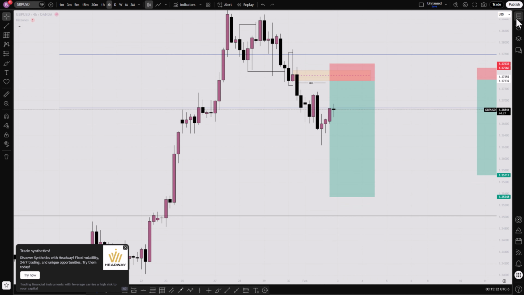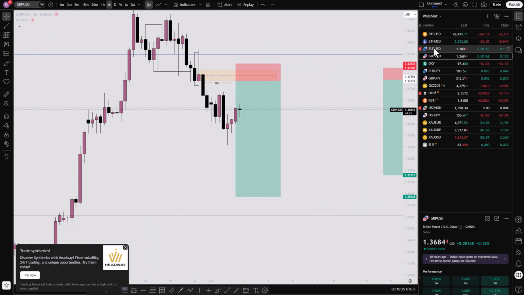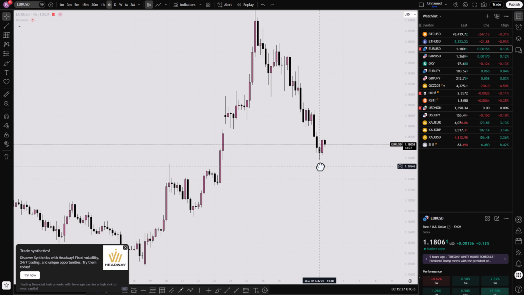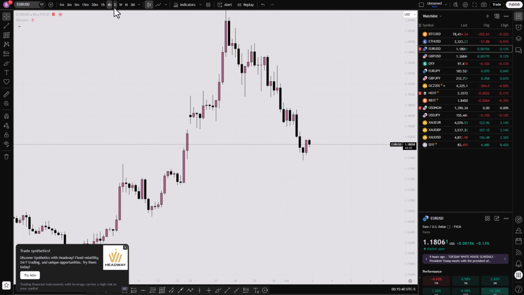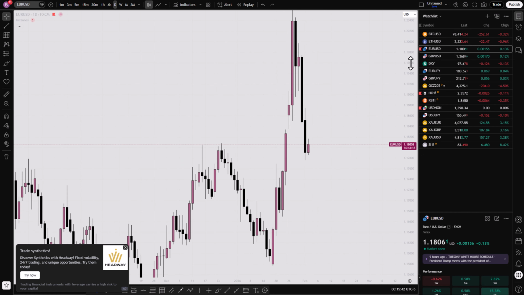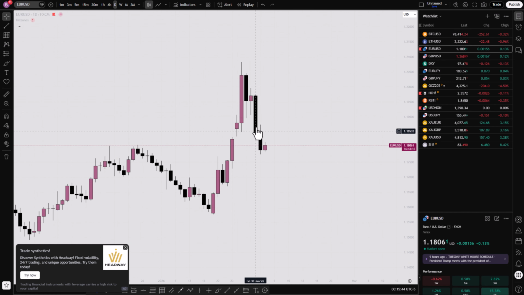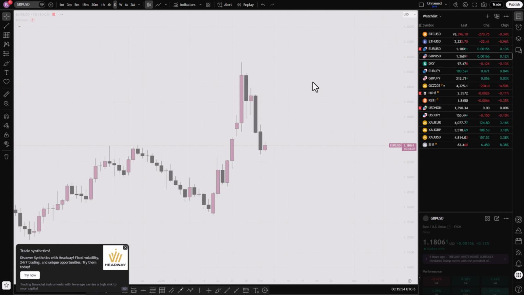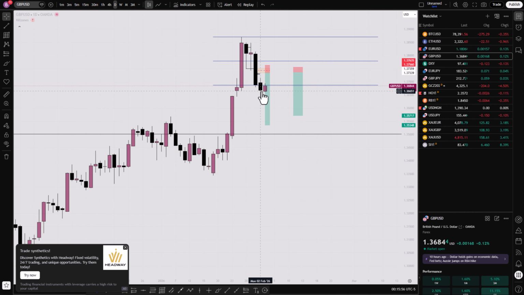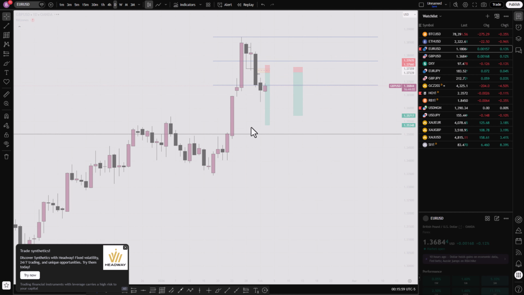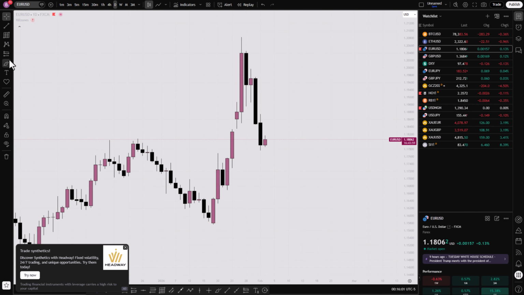So on the Euro USD, it's the same thing, guys. I don't need to go to the monthly time frame. We have this fair value gap also. And if you look at it, this candle has created a very large range, while on GBP USD there's no large range. So basically, it's telling us that either price comes into this level, or we have a fair value gap here.